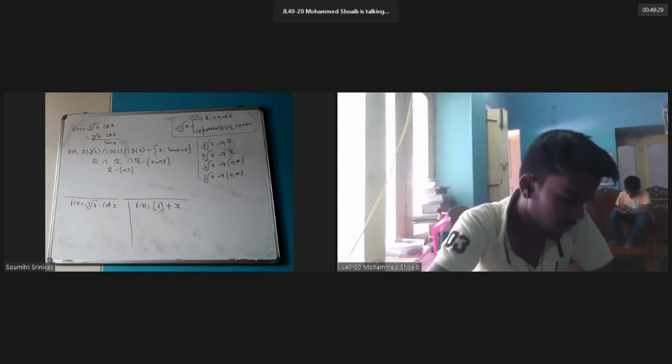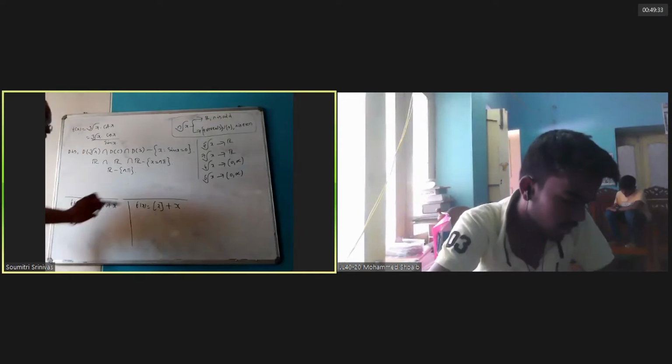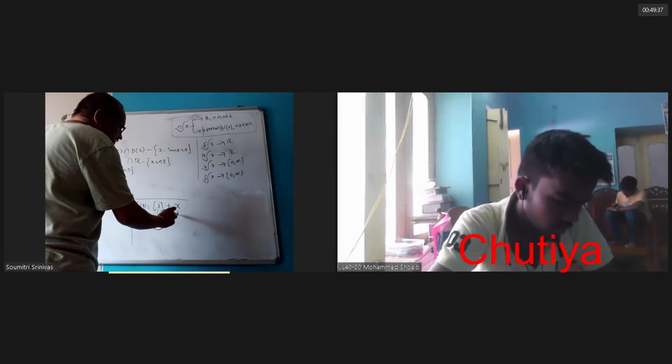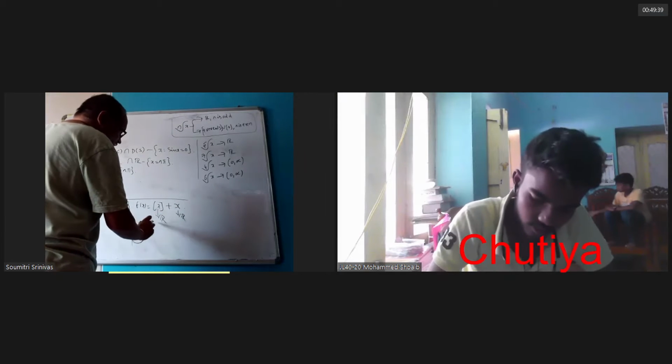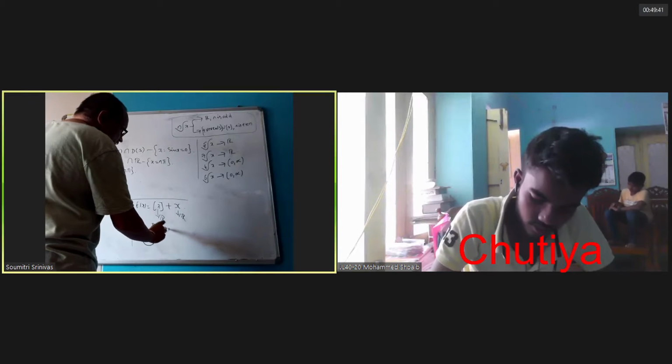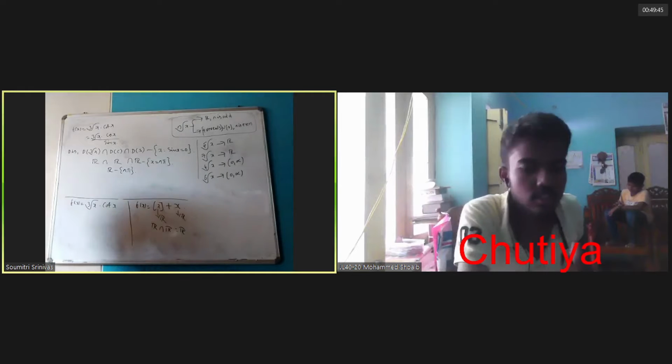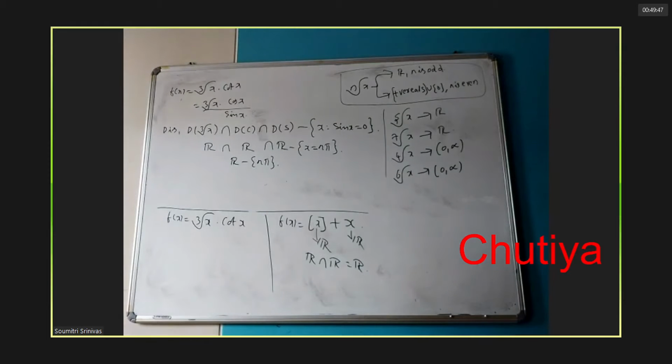All real numbers. Step function हर number लेगा. It will also take हर real number. So it is R intersection R. R intersection R is R. अच्छा फंक्शन है ये. Can I clear this off? 1 minute, sir.